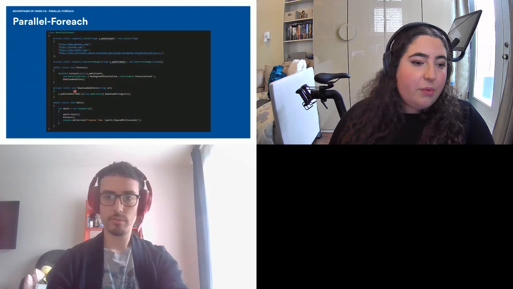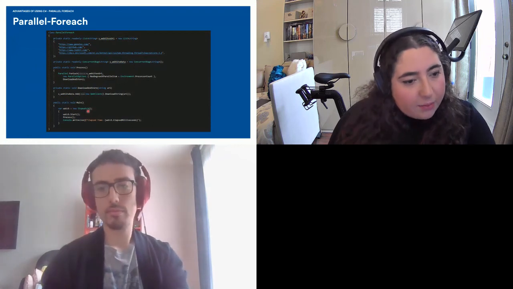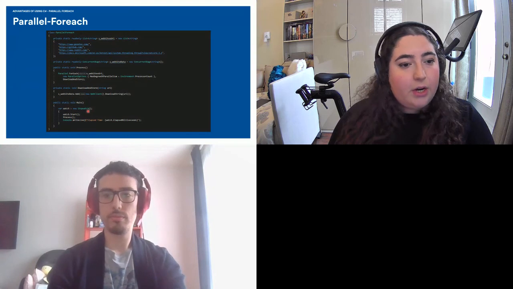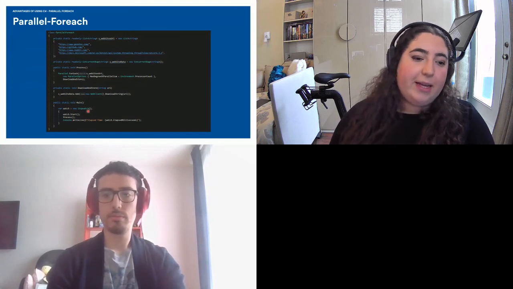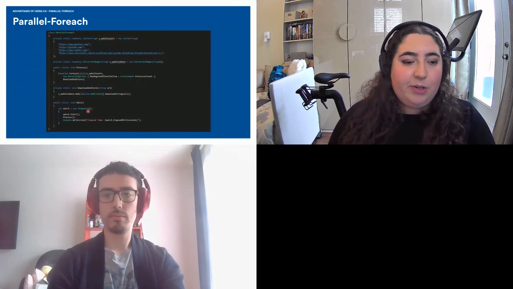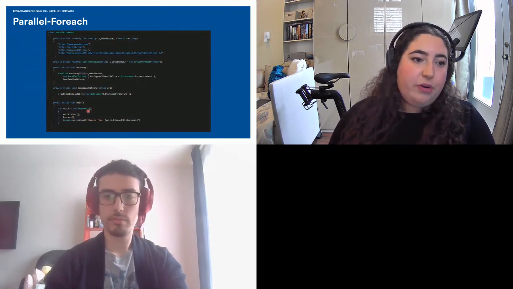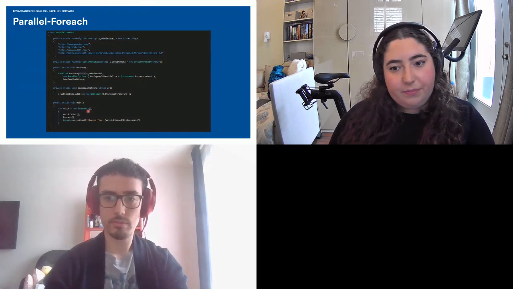We're passing our string URI, and we're adding it to our website data. And over here, we're using a concurrent bag because a concurrent bag is thread safe. A concurrent bag is similar to a list, just it's thread safe. And so this is how you would use a parallel foreach loop.